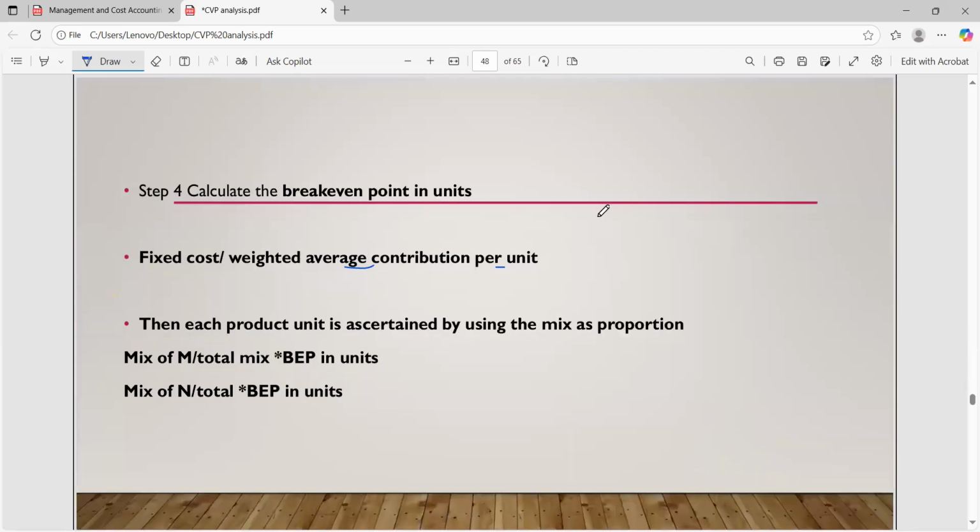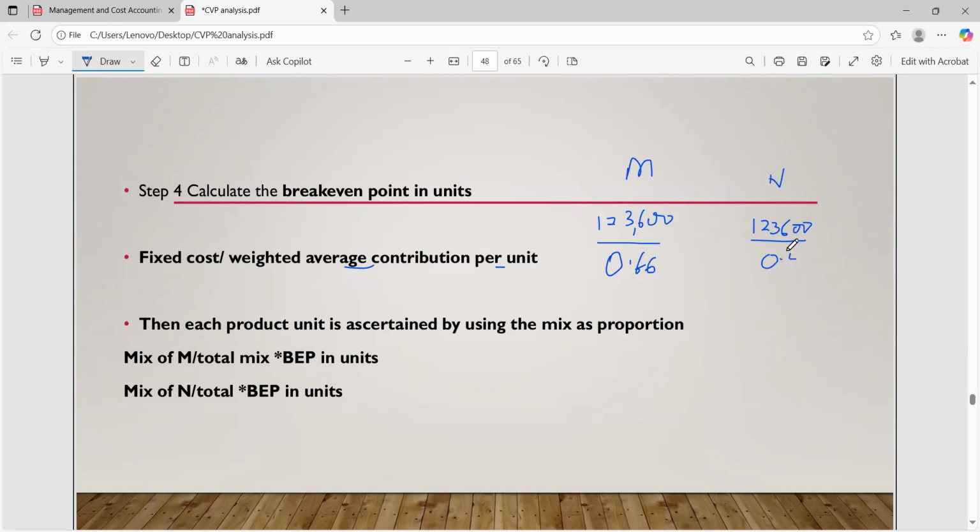So 1236. This is 1236 divided by 0.66 for M. Then for N, it is going to be the same 1236 divided by the weighted average of 0.34.